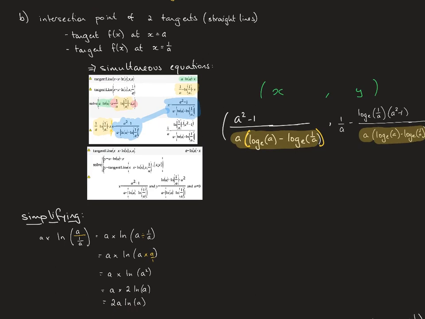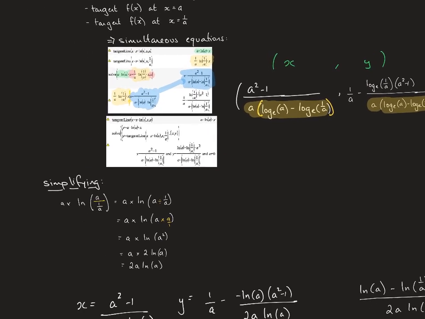Now, if I replace with 2a natural log of a under here and 2a natural log of a under here, I could rewrite this as a to the minus 1, bring this out the front and do some more tidying.